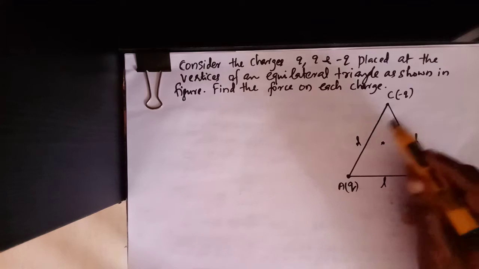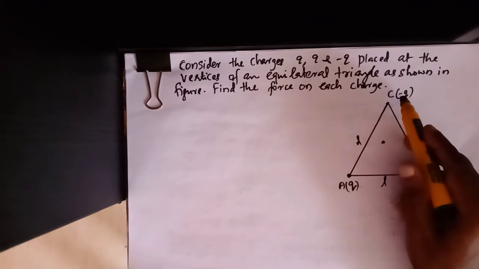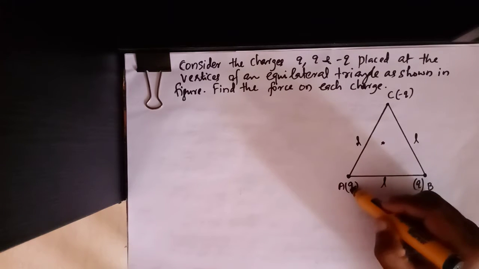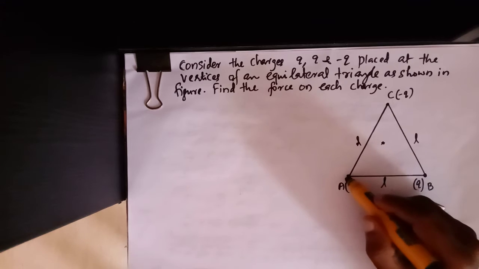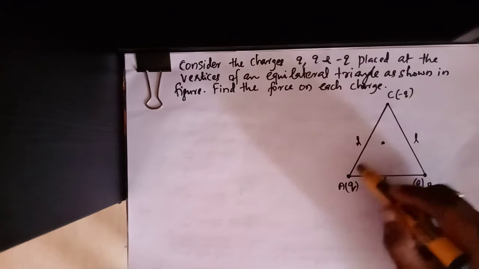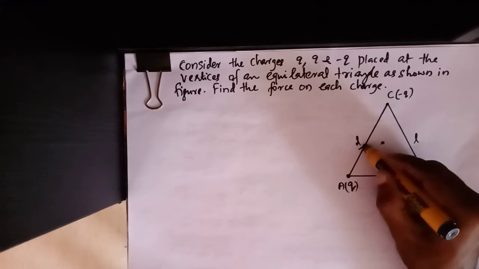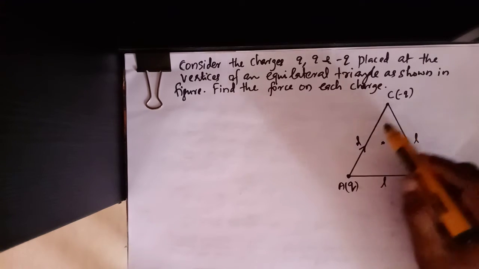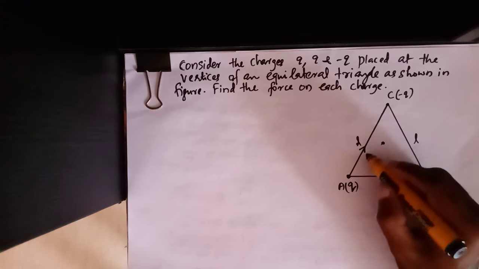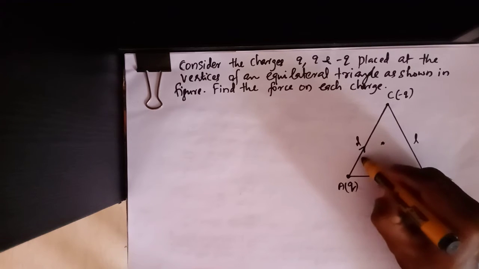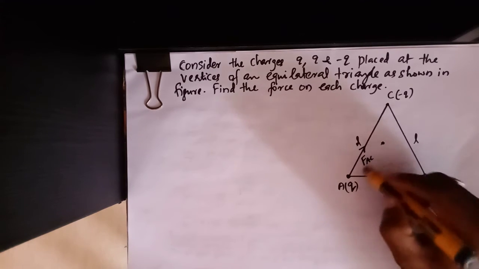We can see from the figure this negative charge and this positive charge. This charge will attract in that direction. So I can note down the direction: the attractive force I will call FAC, in this direction.